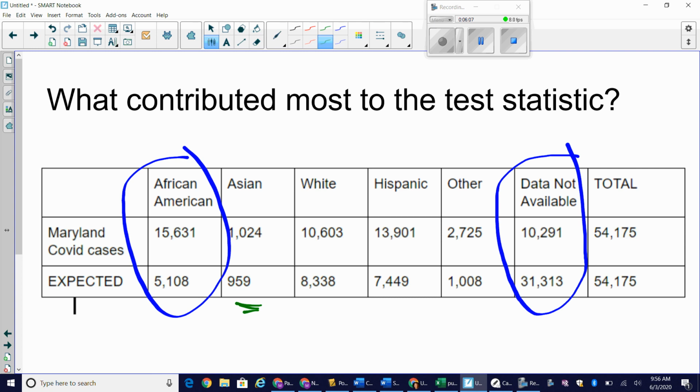Now, there's lots of reasons why that could be true. We could continue to look at the breakdown of race in Maryland versus the national level.